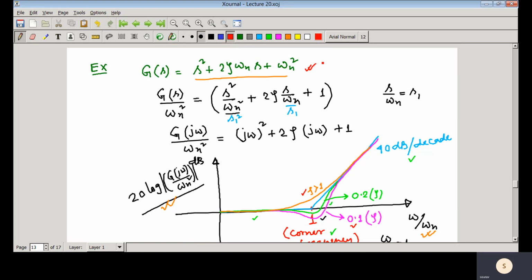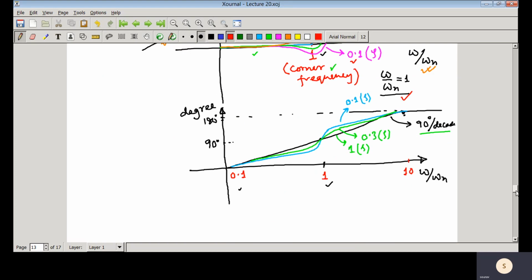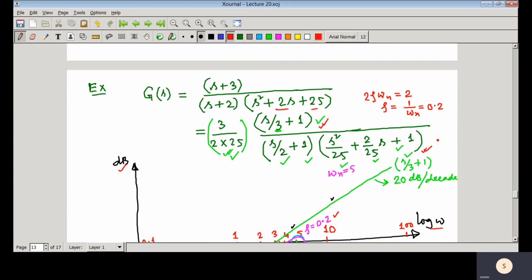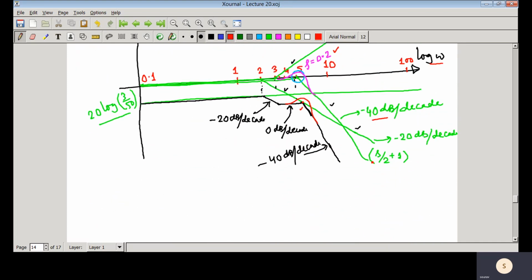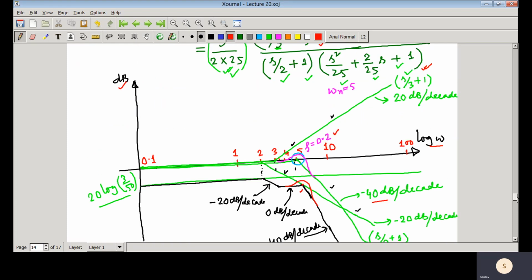So if you have only that factor, your asymptotes look like that. And whenever it goes to the denominator, we have shown that its slope is negative, and we can show all the components and their corresponding asymptotic Bode plot, and this black one is the resultant one.